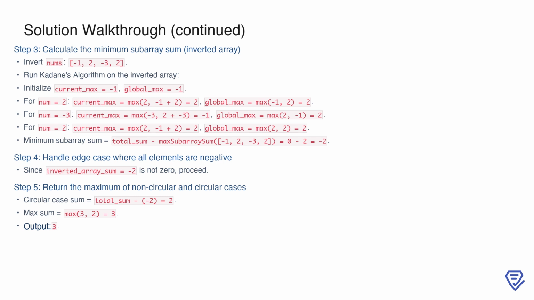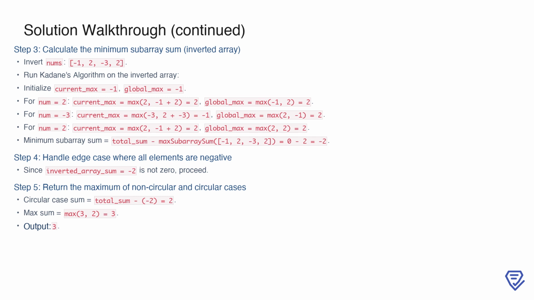For minus 3, current_max falls to minus 1, but global_max remains 2. For the final 2, current_max updates back to 2, and global_max remains 2. The minimum subarray sum can be derived by subtracting this maximum sum from the total sum. Since total sum is 0, the minimum subarray sum becomes 0 minus 2, which is minus 2.